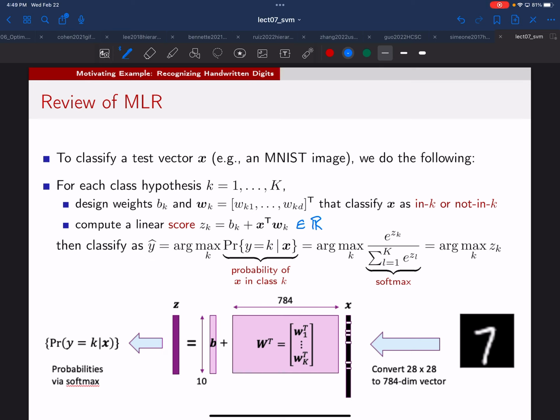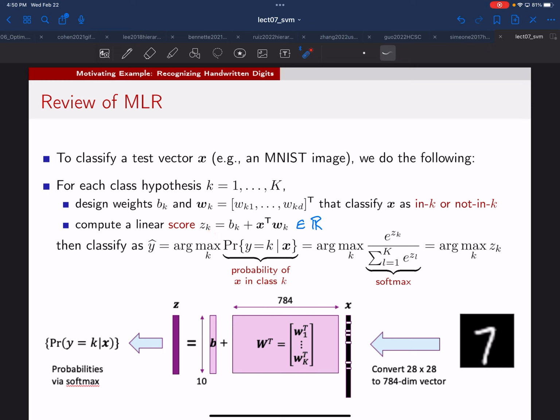Do you remember what it means if the score for one particular K is very large? What does that mean qualitatively? High probability? Yes, it means that we believe the probability of that class K being the true class is high.